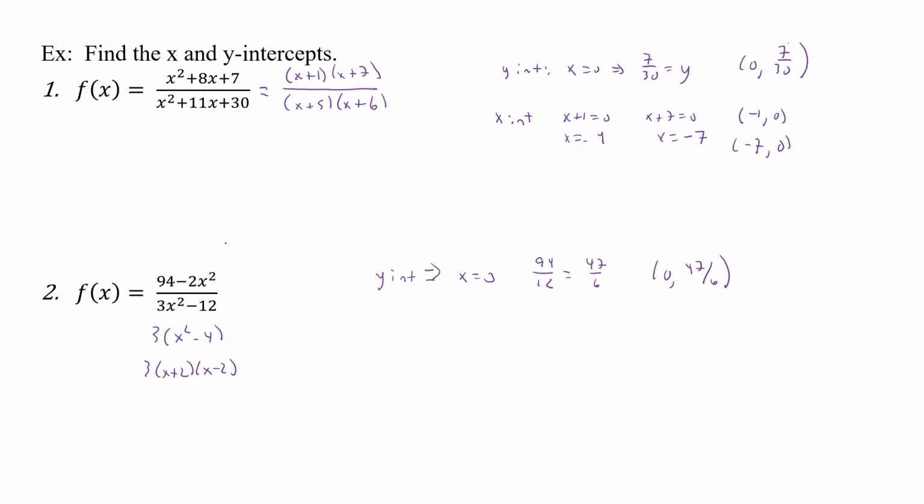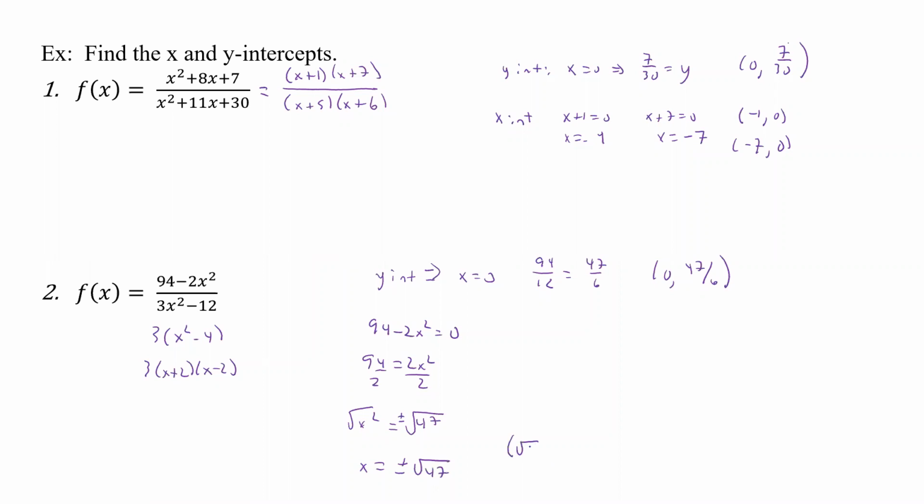And for the x-intercepts, what we do is set that whole thing equal to 0. 94 minus 2x squared equals 0. I'll take the 2x squared over. I'll divide by 2. So x squared equals 47. Now I'll take the square root of both sides. So x is equal to plus or minus the square root of 47.